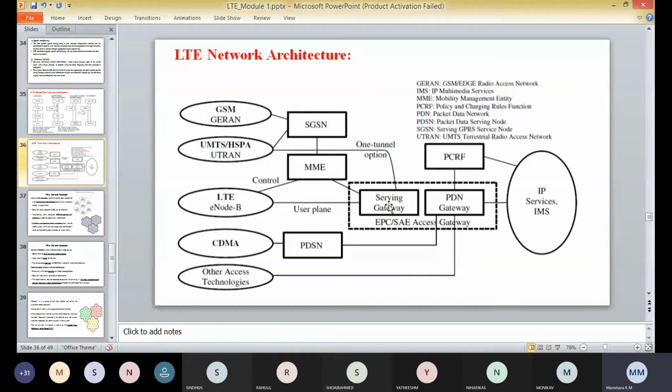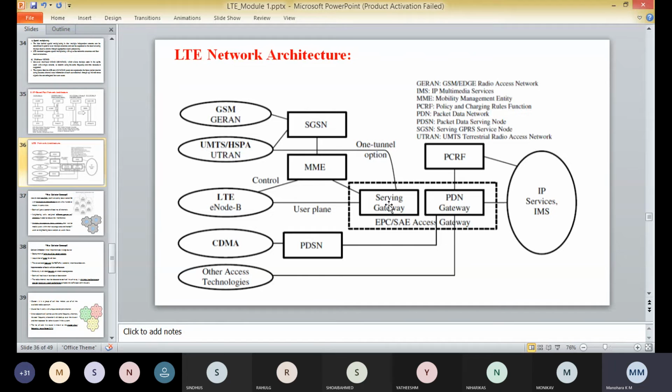It terminates the interface towards the 3GPP radio access network. It serves as a mobility anchor when terminals move across areas served by different eNode B elements. The SGW does downlink packet buffering and initiation of network triggered service request procedures.